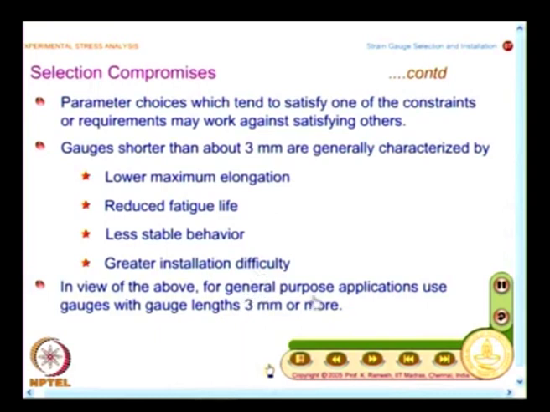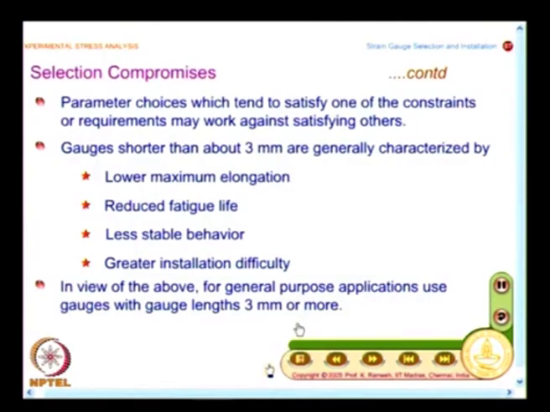So, the recommendation here is, when you go for a smaller gauge length than required, then you need to face these kinds of difficulties. The thumb rule is, for general purpose applications, use gauges with gauge lengths of 3 millimeters or more. This is the thumb rule, and if it works, be happy with it.